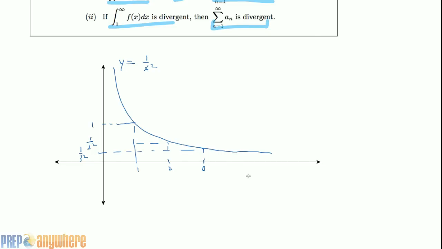This is clearly under the curve, but I can make it over the curve, and here's how. See this rectangle here? Let's move it to here. I'm moving the first rectangle to here. The second rectangle, let me move it to here. The third rectangle, let me move to here. Do you see how it's just a tiny bit bigger? There's just an overestimation here.